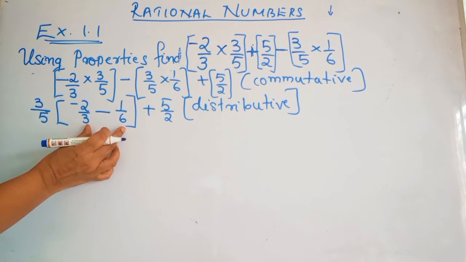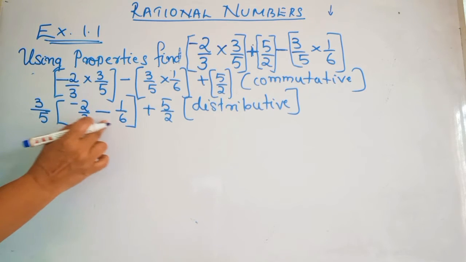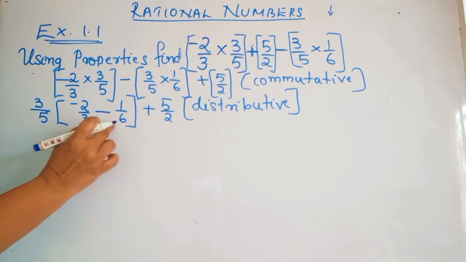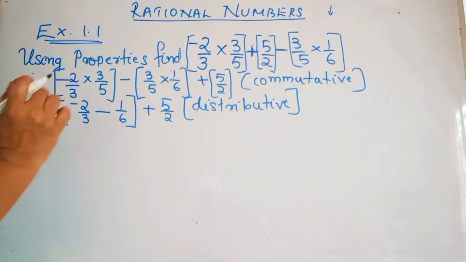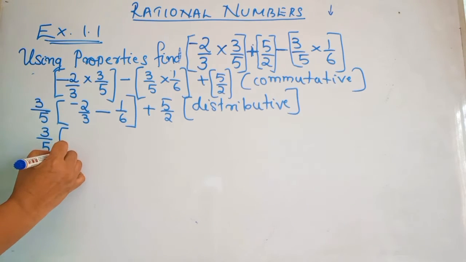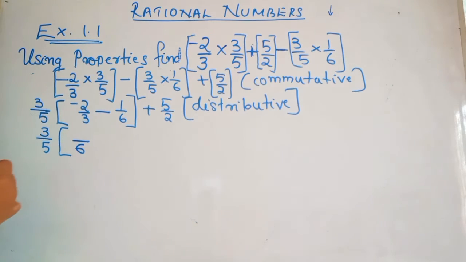Now we need to solve what is given in the bracket. Here the denominators are different, so we need to take the LCM, and here the LCM of 3 and 6 will be 6. So we can make the first rational number an equivalent rational number having 6 as the denominator.